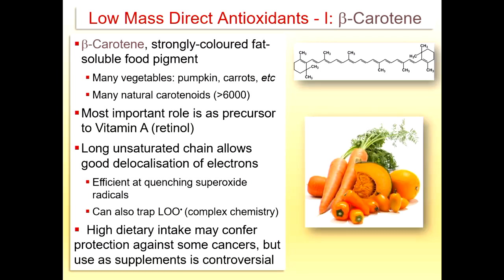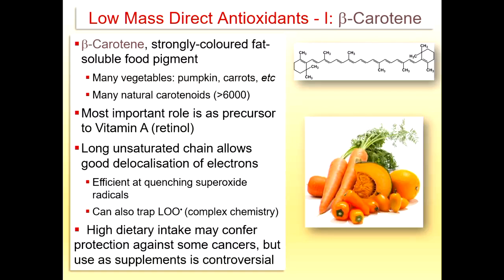It's important in terms of beta-carotene, this structure here, as a precursor for vitamin A. So that's very important for good visual health, good intake of vitamin A. But it also has this additional ability to quench free radicals, and this is particularly relevant to superoxide and to a lesser degree probably peroxyl radicals, but it's able to delocalise electrons across that long conjugated system.